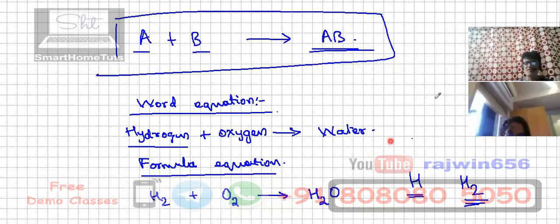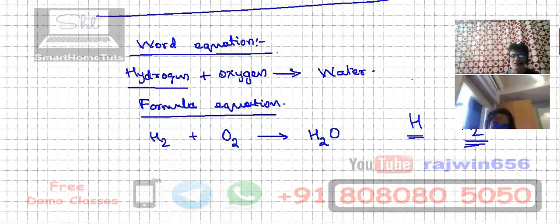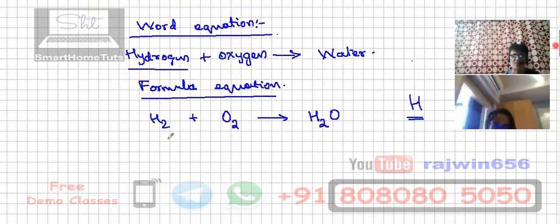Now, this equation that we have got over here is your formula equation. But you can see over here the number of atoms on the left hand side and right hand side are not equal. So we need to balance this equation, because we cannot create atoms, or we cannot destroy atoms.